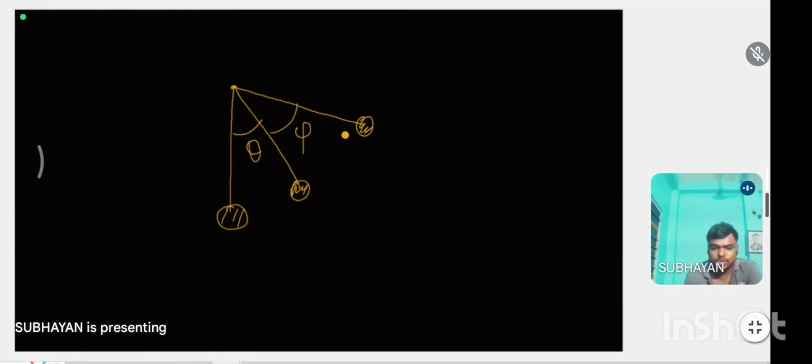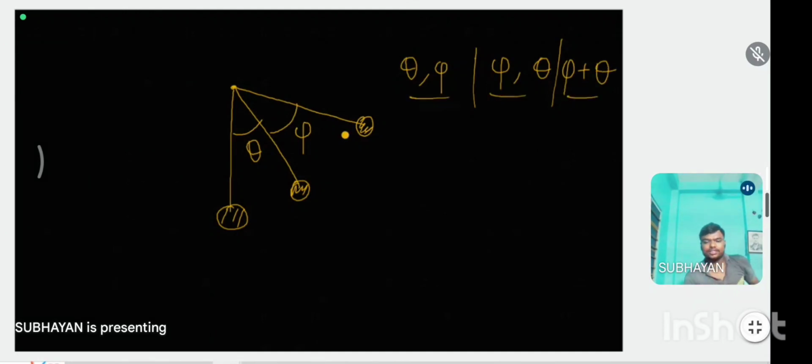If you change the order, that means at first you make theta rotation, then phi rotation, or first phi rotation, then theta rotation, or you make one rotation with theta plus phi angle. The outcome should be the same, right? Those will be identical.